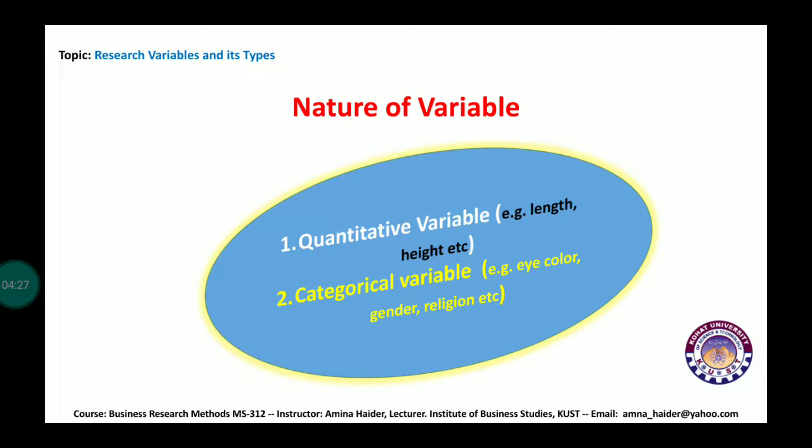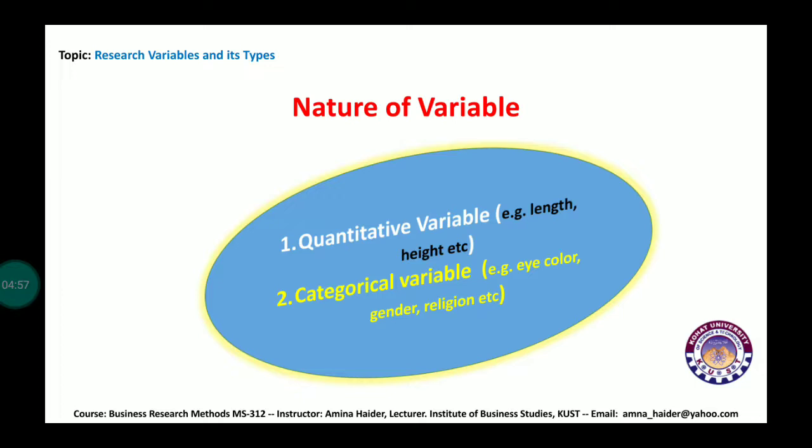A quantitative variable means a variable that varies in amount or degree but not in kind or type. For example, length, height, score, age, these all are examples of quantitative variables. For example, age can take different values for different people or for the same people at different times.